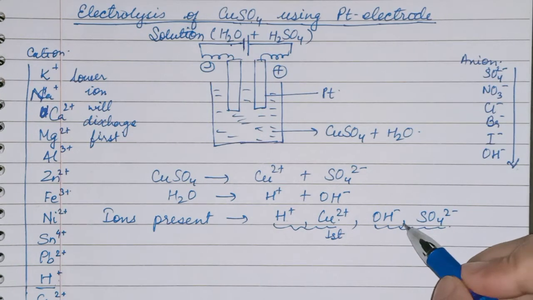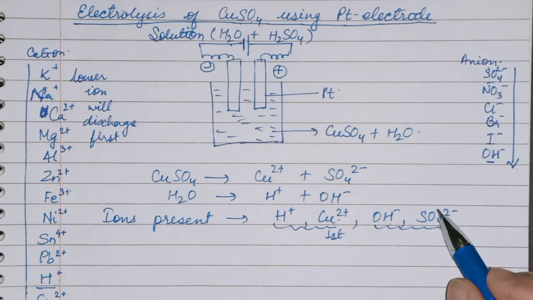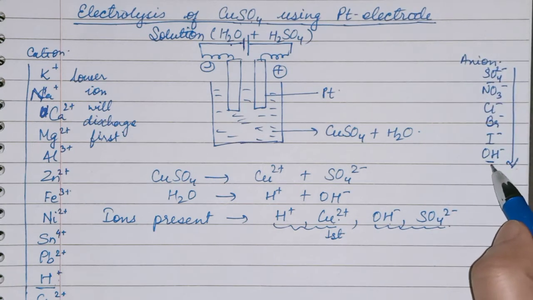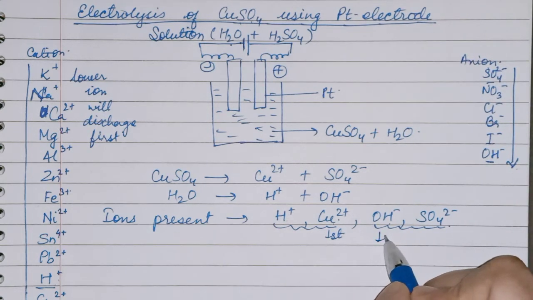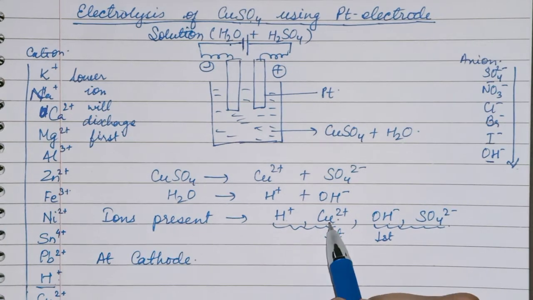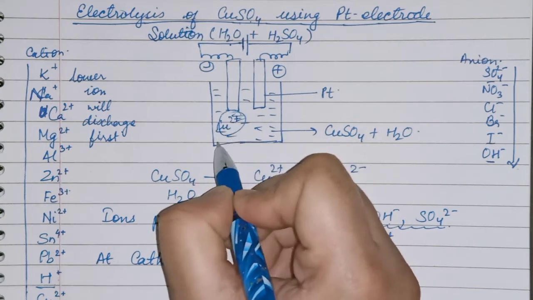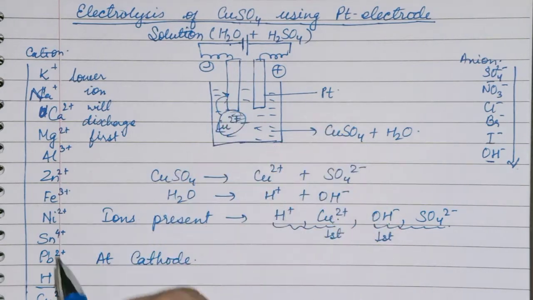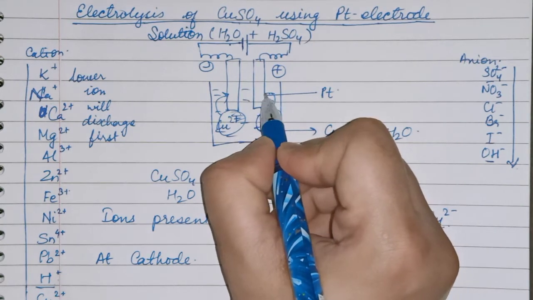So here we are having OH minus ion and SO4 2 minus ion. Which one is at the lower position in the series? OH minus. So here it will get discharged first. Okay. Now you can say that Cu2 plus ion is moving towards minus electrode and OH minus ion is moving towards plus electrode.